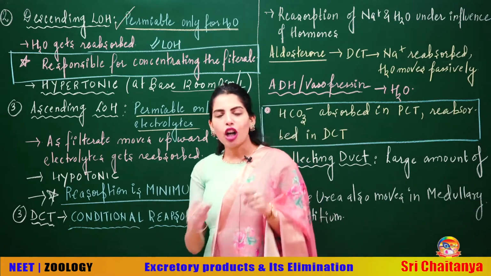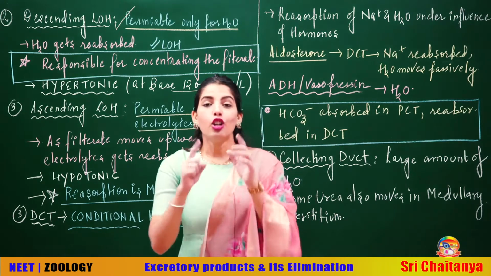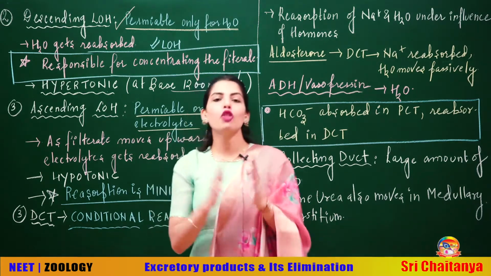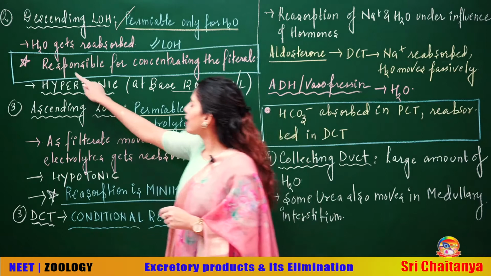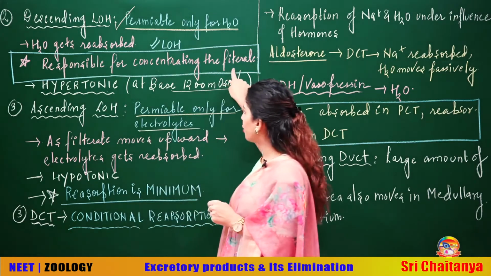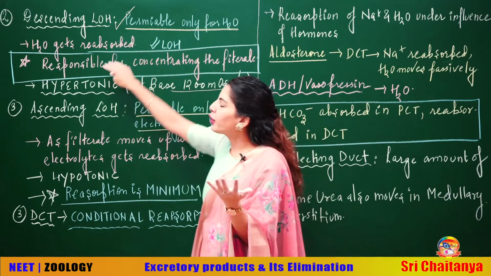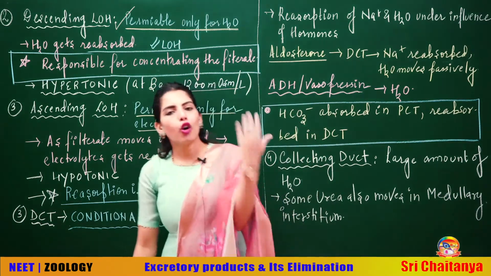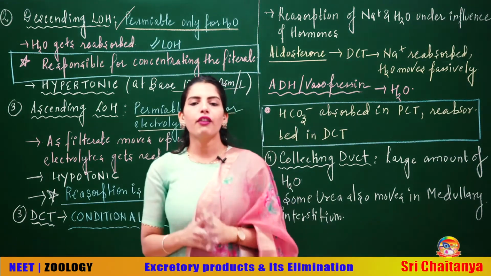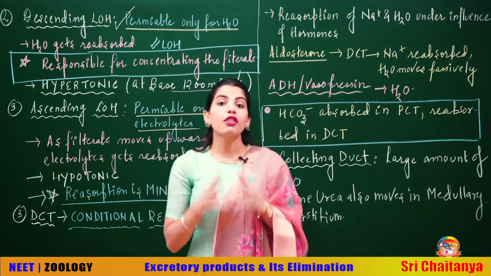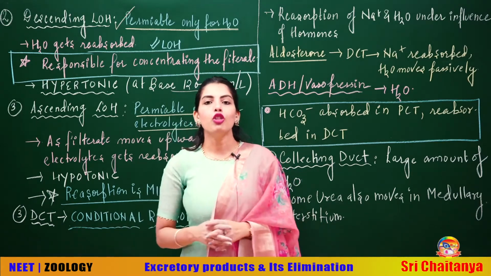Also students, the loop of Henle overall is the part responsible for concentrating the urine, for concentrating the filtrate. I have written here only the descending loop of Henle, but overall if you are asked which part of the nephron is responsible for concentrating the filtrate, that would be your loop of Henle.